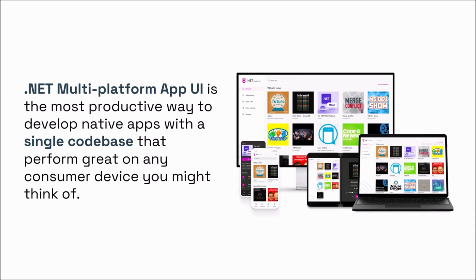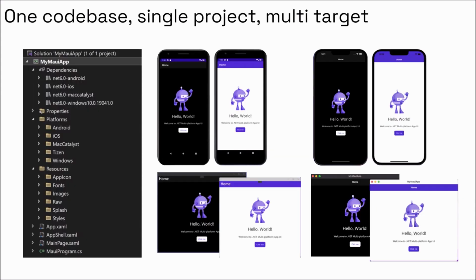You can also have all your resources in the same spot, and you will maintain the multi-target idea. So from one code base in a single project, you can target different devices. .NET MAUI just unifies Android, iOS, Windows, and macOS into a single API. And you can have the so-called write once, run anywhere developer experience.